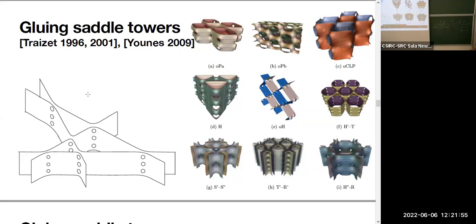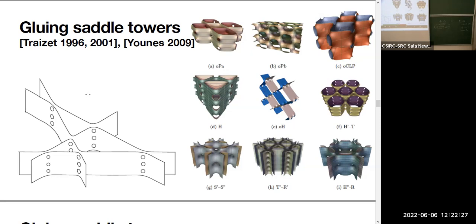And later, his students did glue saddle towers of any number of wings into triply periodic minimal surfaces. But again, he assumed that the surfaces have a horizontal symmetry plane, like this one, but in this one, the symmetry plane is vertical.